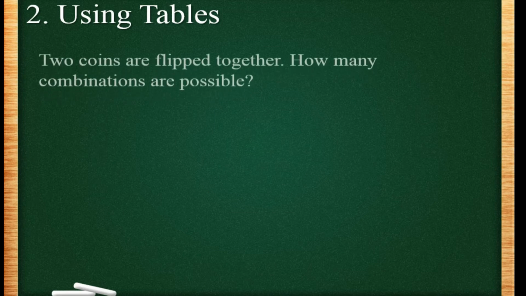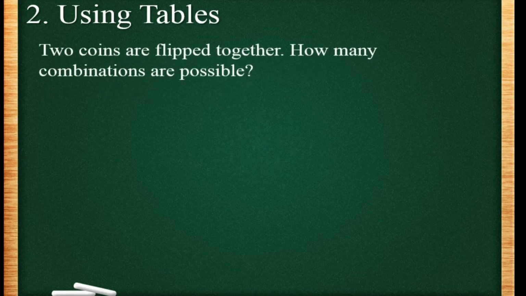The second principle is the use of tables. This is recommended when two things are occurring together and we are interested in the possible combinations of outcomes. Consider the experiment where two coins are flipped together and you are going to determine the number of combinations possible.